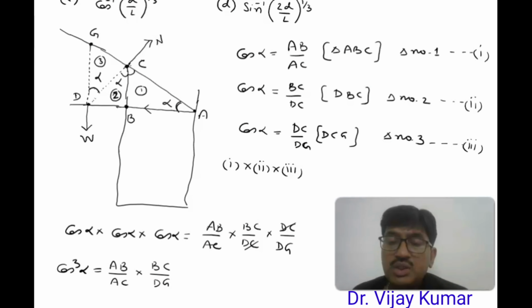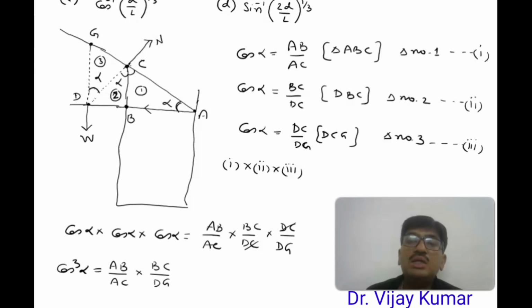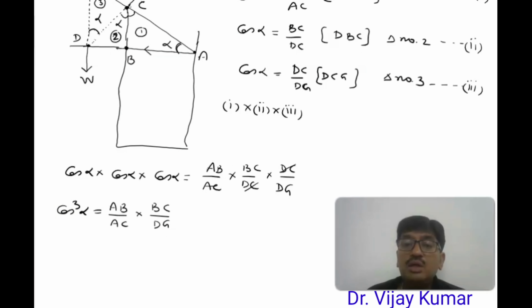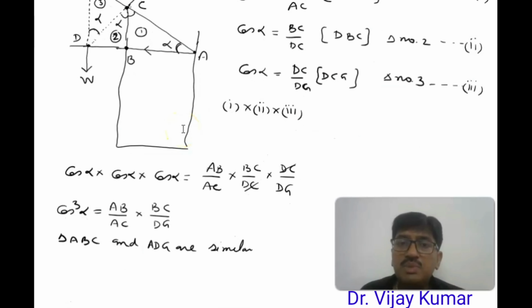And we can see in the diagram that triangle ADG and triangle ABC are both similar triangles. So in similar triangles ABC and ADG, we can write BC upon DG equal to AC upon AG.